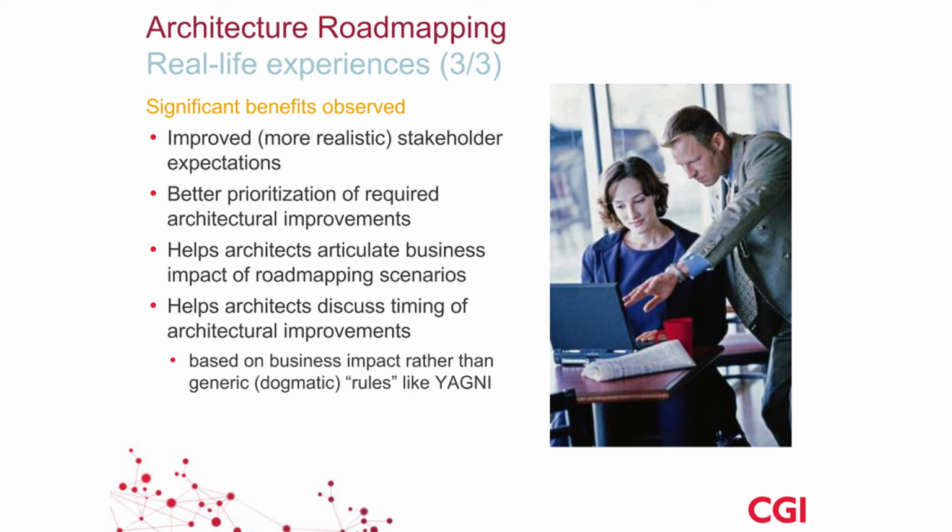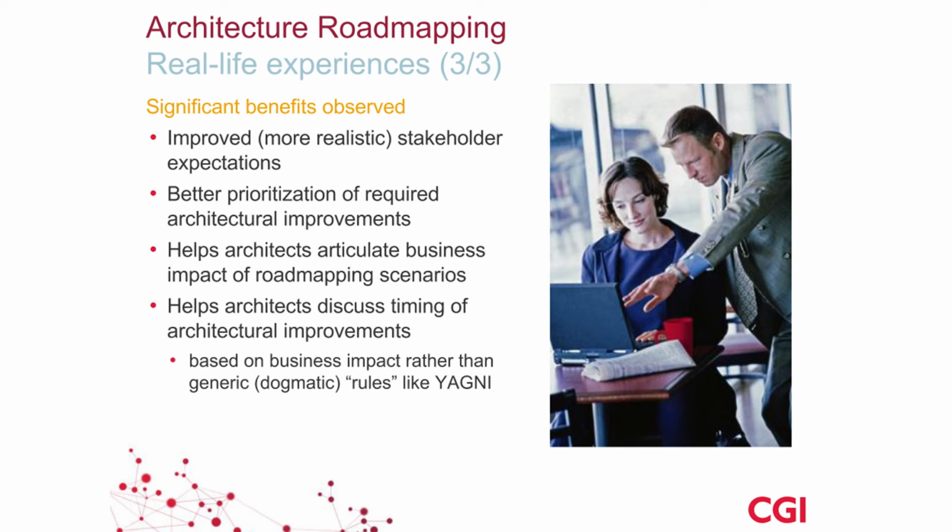Because they are now able to communicate about the impact of doing architecture work in the roadmap with stakeholders based on economic arguments, they are much better able to manage the expectations of those stakeholders.